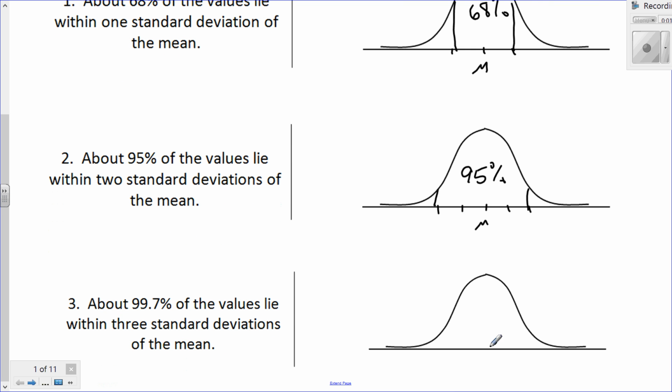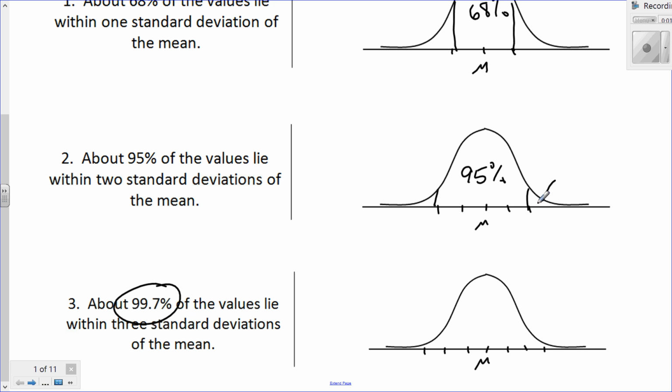And then virtually 100%, 99.7% of the values are going to lie within three standard deviations of the mean. Say you took a test, and you're told afterward that your test score was more than two standard deviations greater than the mean.